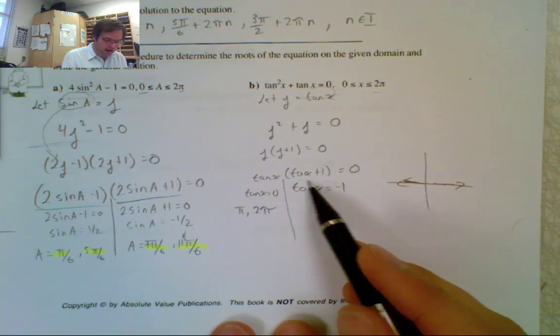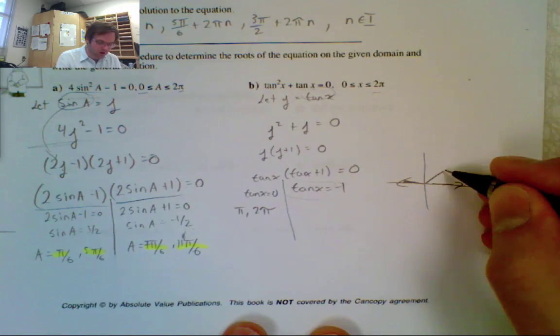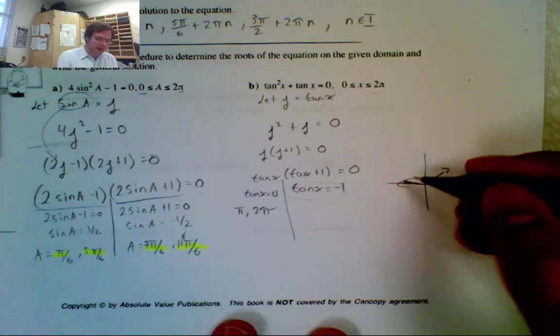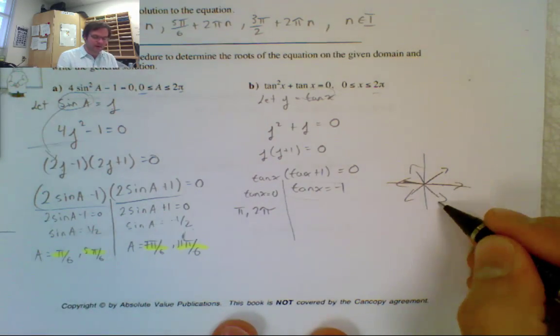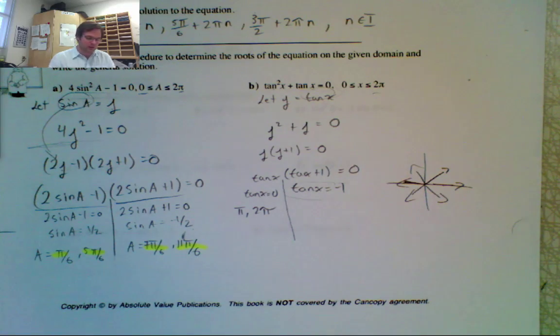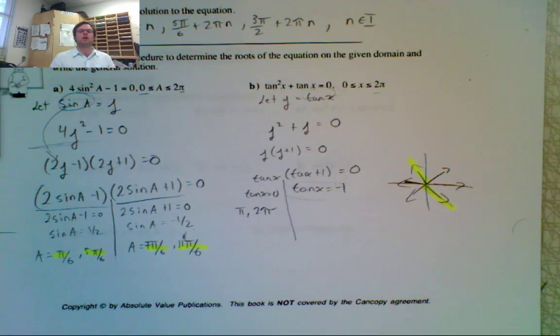So now when we're looking at tan x is equal to negative 1, that means my x and y values must be the same size. So those are my 45 degrees, but it's negative 1. So where is tan negative? With all these 45 degrees, my tan is only going to be negative here and here. Okay? Because one of x and y has to be negative and the other one must be positive.